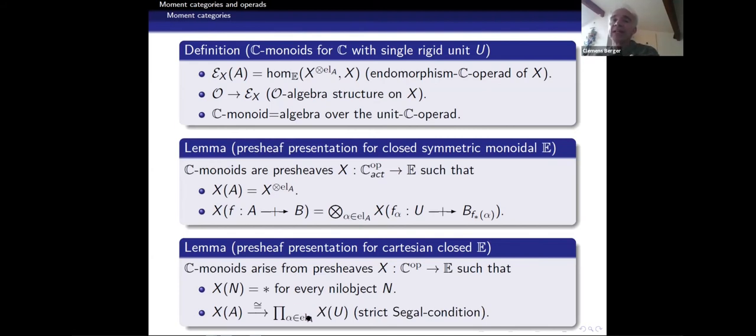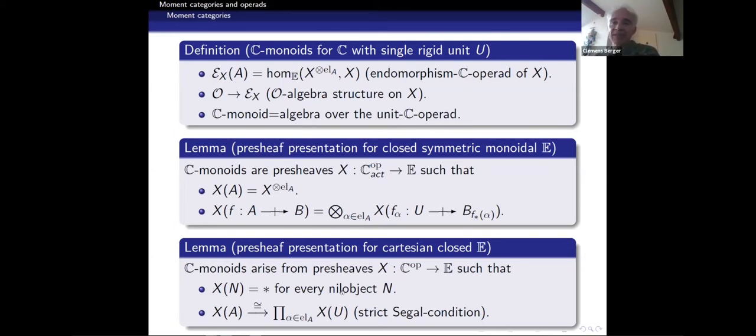For every elementary moment, you have an inclusion of the unit into your object, and these inert maps define contravariantly a projection map from X_A into this product of X_U. The strict Segal condition just means that this must be an isomorphism.